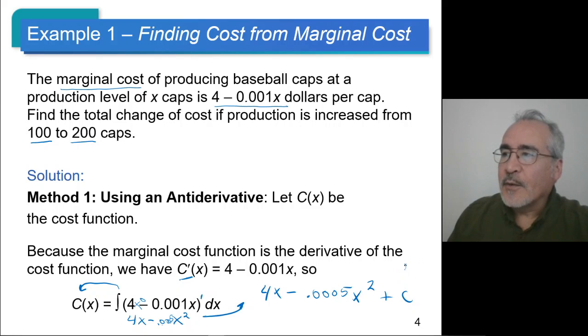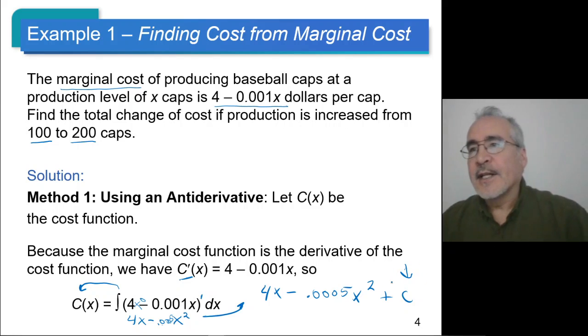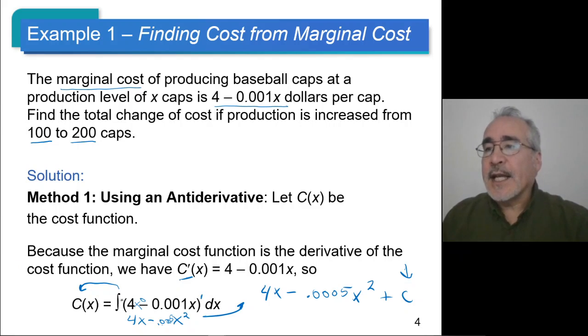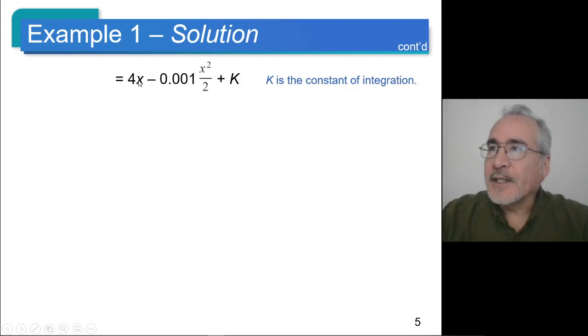We're going to be able to drop this off, because what we're going to be looking at is this function from two different endpoints, and we'll just see how it works out. So here it is, 4x minus 0.001 x squared divided by 2. Now they just leave it that way. That's fine.